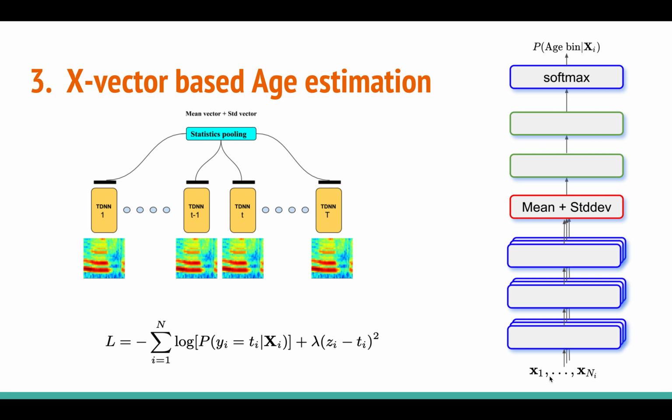Basically, the X vector system has the statistics pooling layer, which will pool the high level representation for every frame and create one vector which will give us the full high level representation of the entire audio content. And that we are going to use for classifying the audio into one of the ages, or regress over this linear scale.